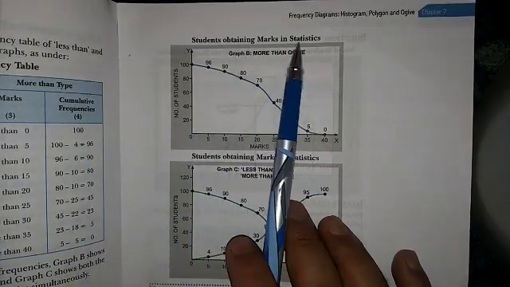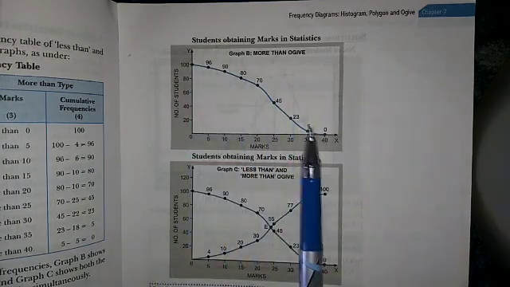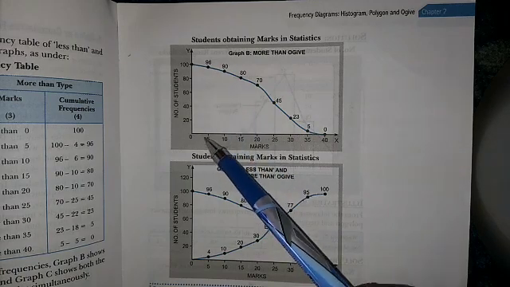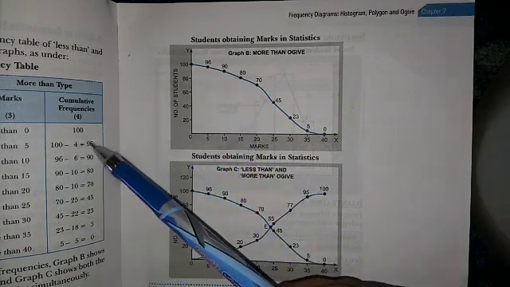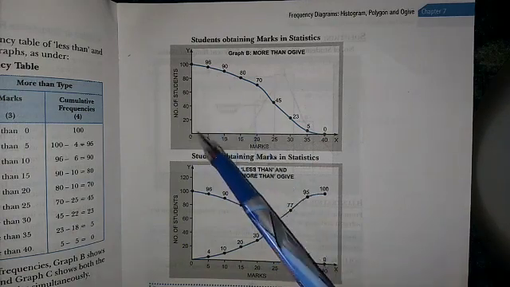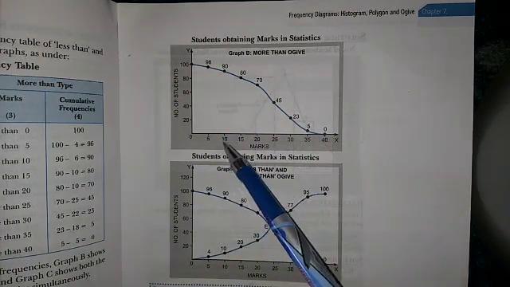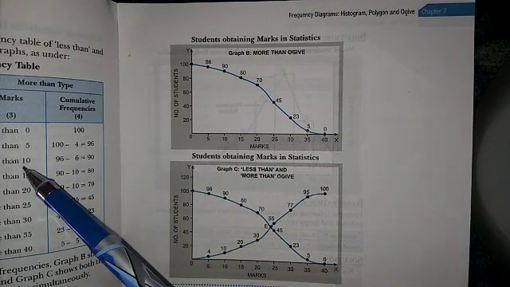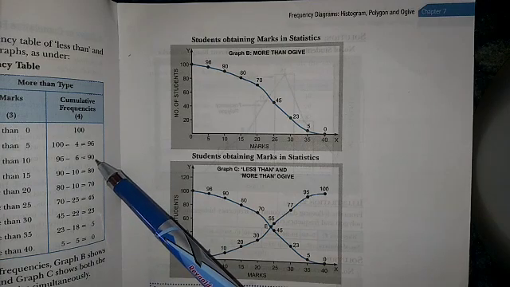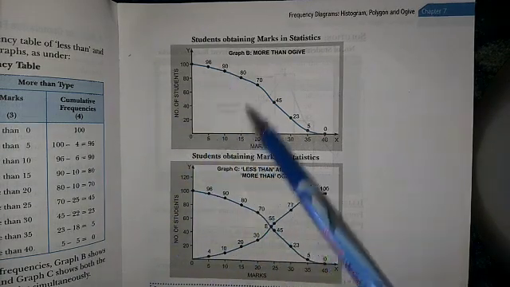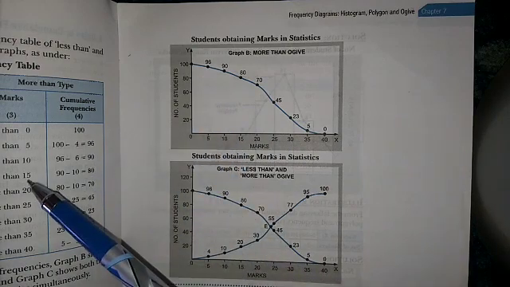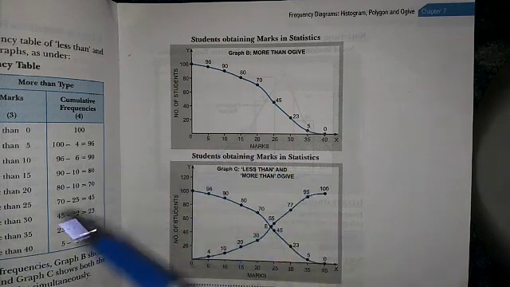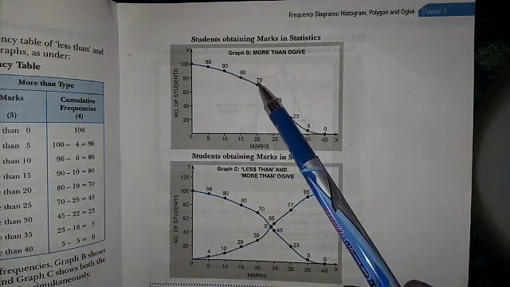Now, for students obtaining marks in statistics, graph B shows more than. You see, marks here 5, cumulative frequency, number of students is 96, the marks is 10, number of students is 90, and the marks is 15, number of students is 80, and the marks is 20, number of students is 70.